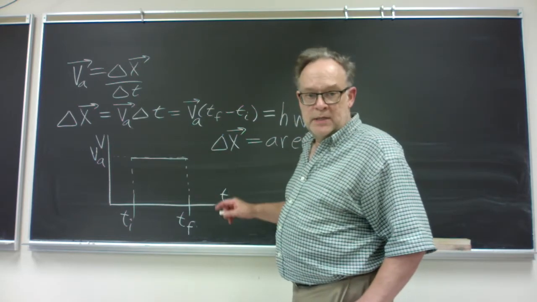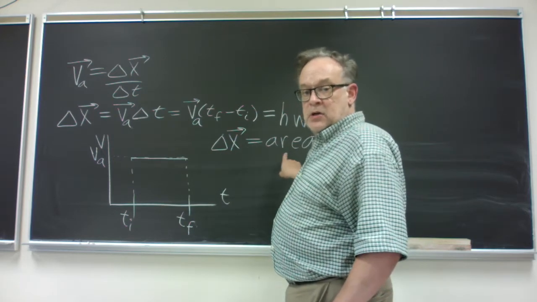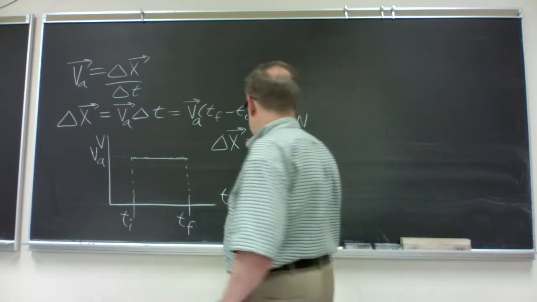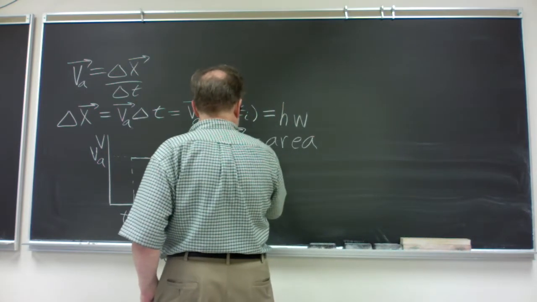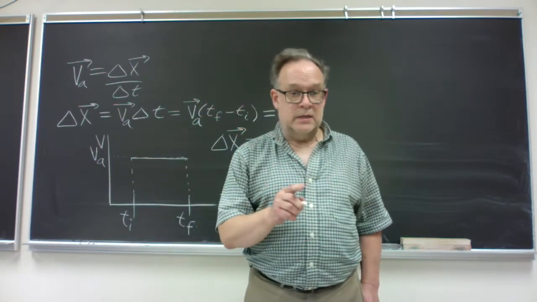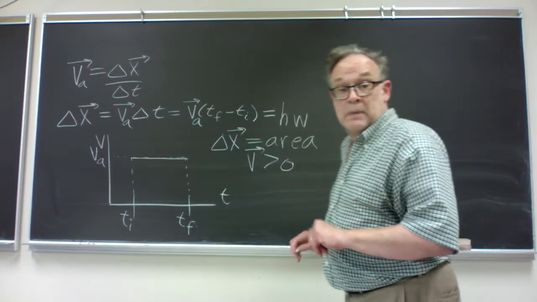So what we really need to say is that this statement here is true if the velocity is positive. If the velocity is negative, it's almost the same. Let's think about that.